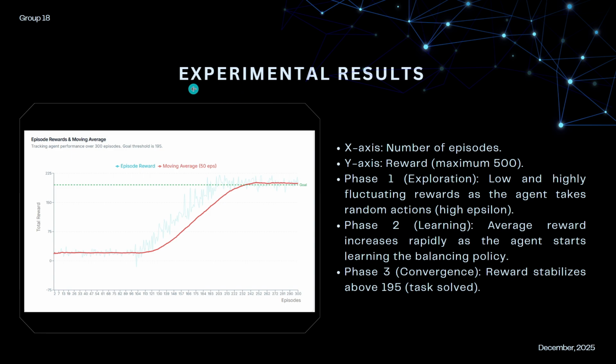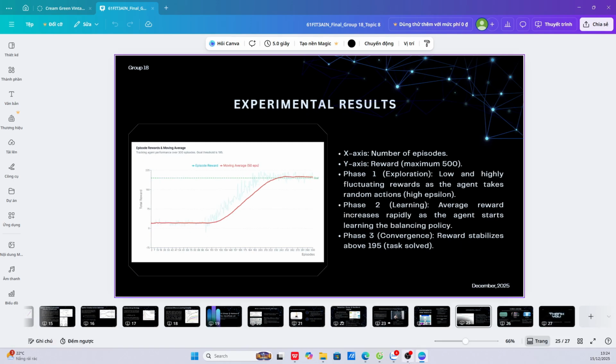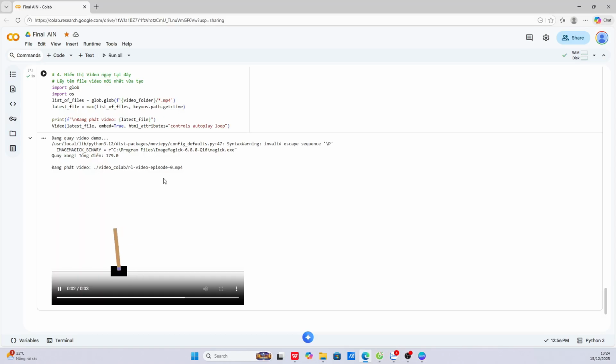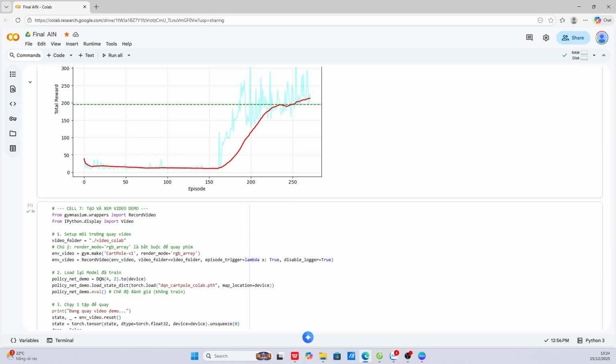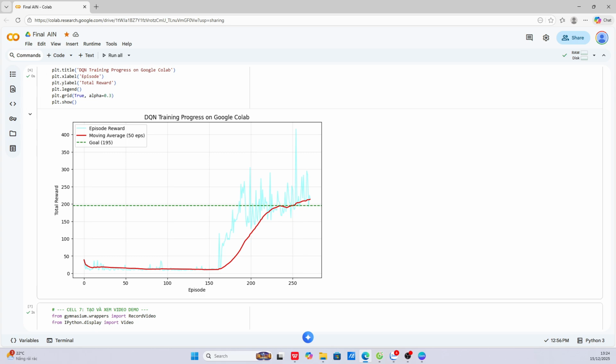Okay, that's the experimental result. I will show something about our practice. This chart serves as our quantitative proof of concept.